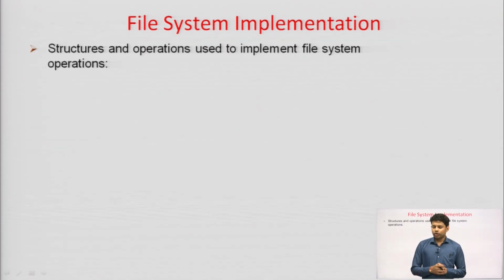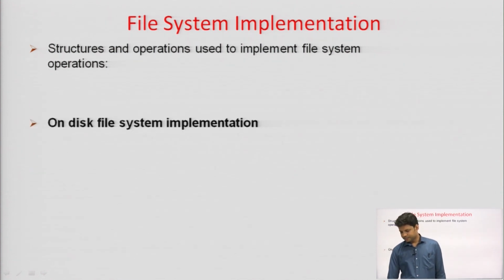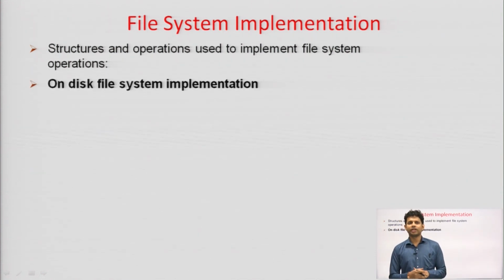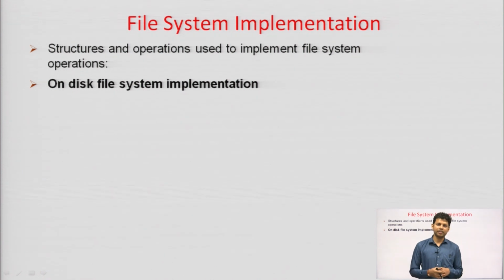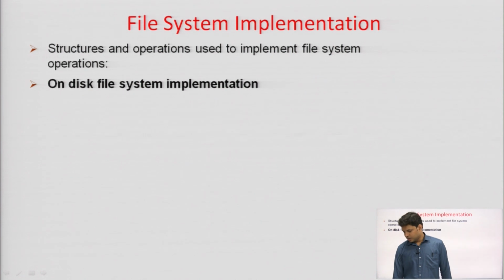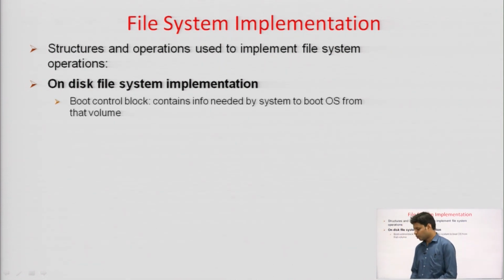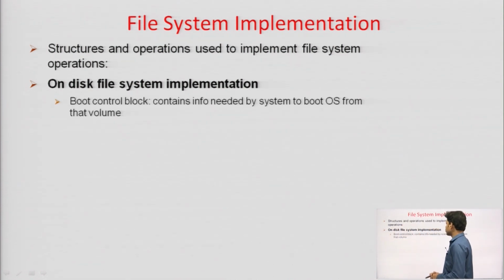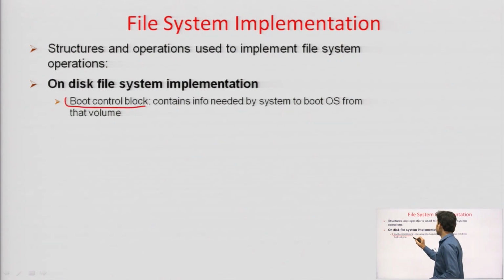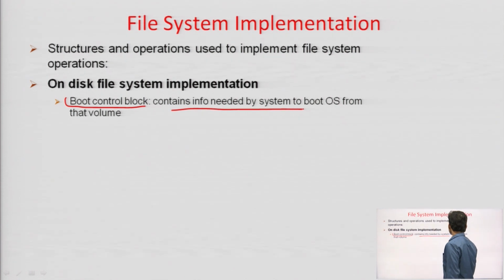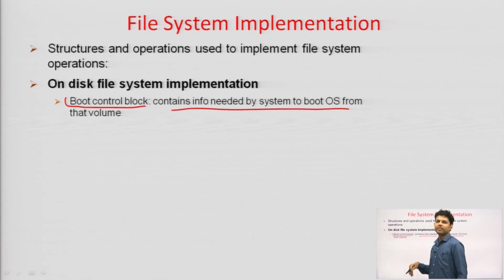So the structures and operations used to implement file system operations are generally of two types. First is the on-disk file system implementation, and the other is the in-memory one. When we talk about the on-disk file system implementation, how does this work? It has a boot control block. This contains info needed by the system to boot the operating system from that volume.